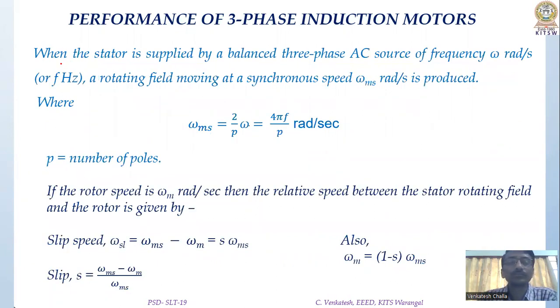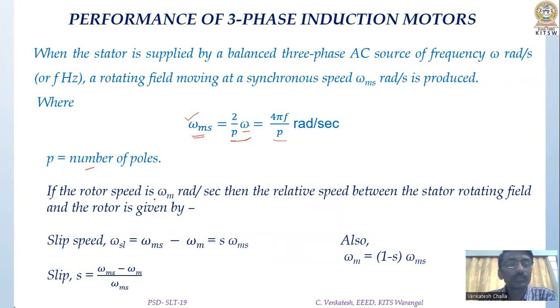This speed depends on the supply frequency and the number of poles designed in the stator winding. The stator magnetic field will have a speed of 2 by p into omega, which is nothing but 4 pi f by p radians per second, where p is the number of poles.